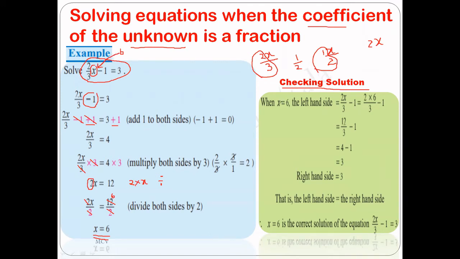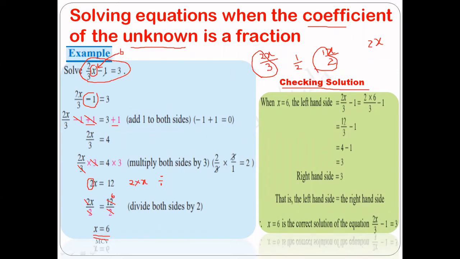So how to write? When x equals 6, the left hand side is 2 over 3x minus 1. 2x over 3 minus 1.